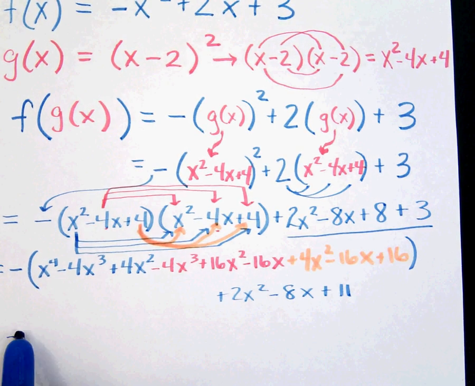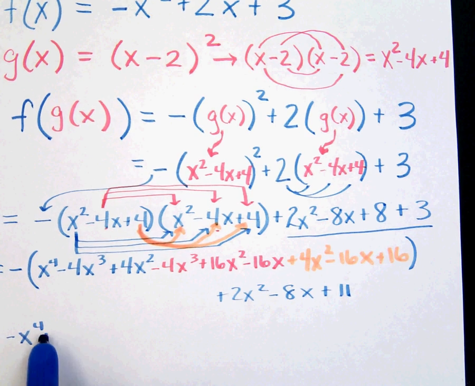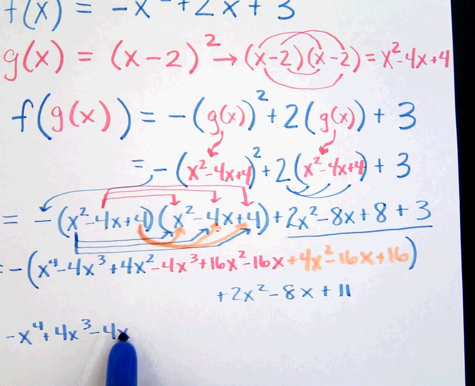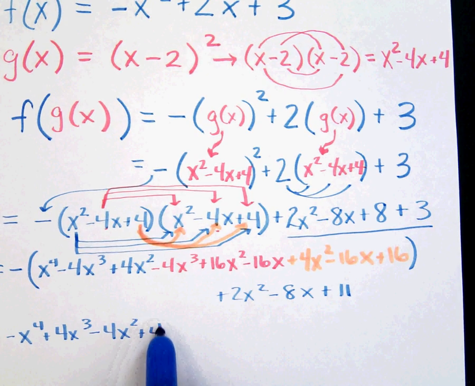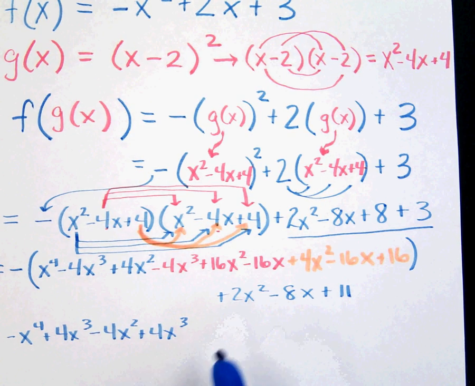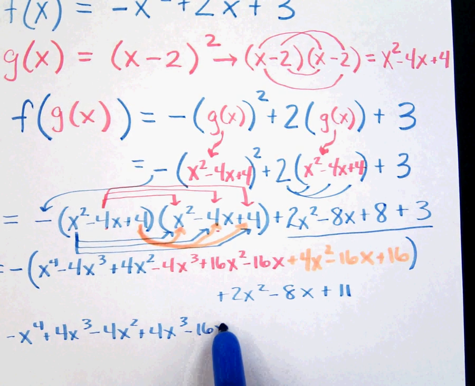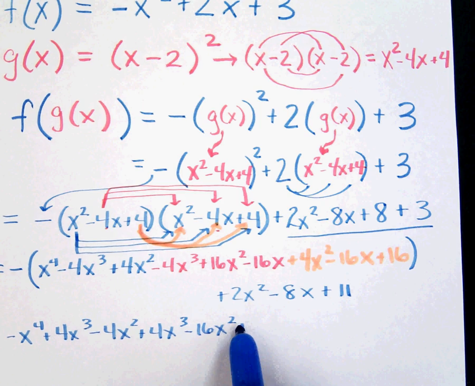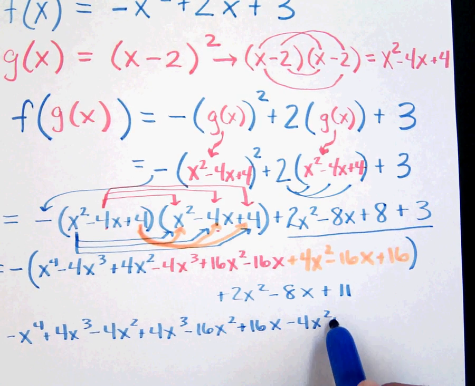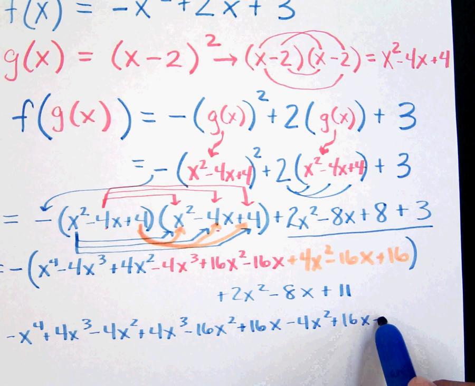So it's going to be negative x to the 4th plus 4x cubed minus 4x squared plus 4x cubed. That negative sign is basically carrying through and making every term the opposite of what it was. Minus 4x squared plus 16x minus 16.